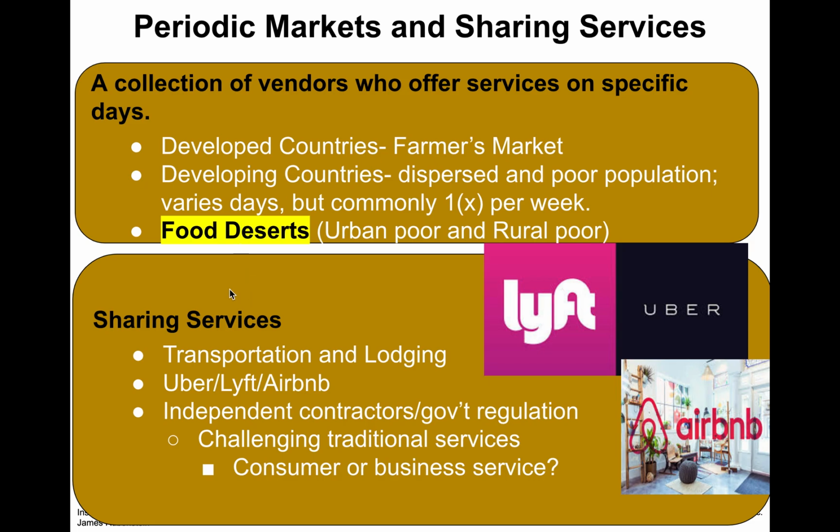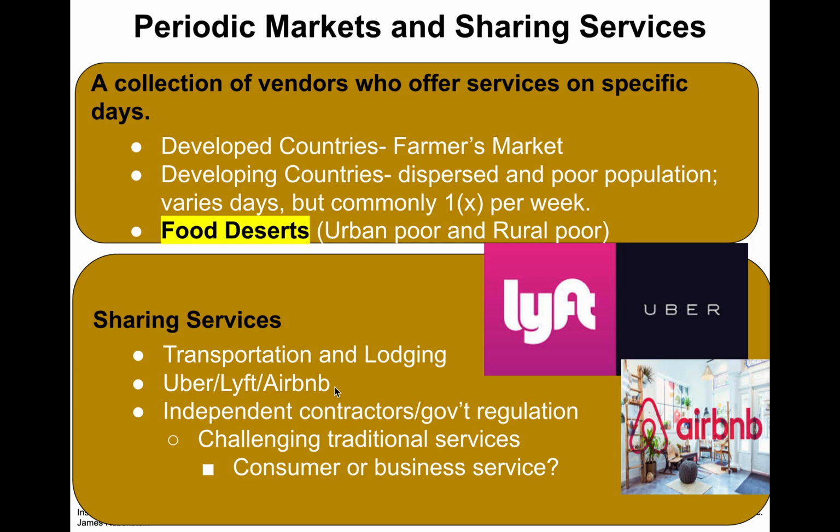Sharing services are commonly found in lodging and transportation. They're a challenge to services because is it a consumer service or a business service? For instance, when we look at Lyft and Uber, this poses many challenges because many people don't try to hail a cab anymore or call a number for a cab. Many people have an app on their smartphone where they can summon a Lyft driver, and that driver will confirm the desired location, the current pickup, and also confirm the passenger has paid for the ride.